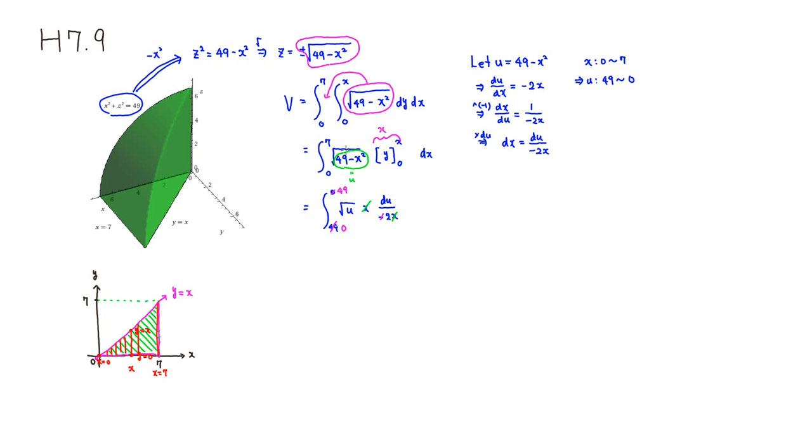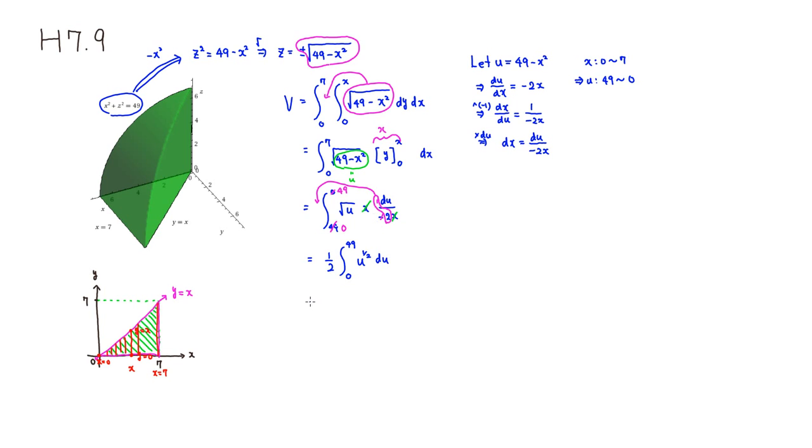Then we still have 1 over 2, so I'll place it outside. You get a 1/2 outside, then an integral from 0 to 49. I don't like square roots, so I'm going to write it as a 1/2 power, and then we have a du.